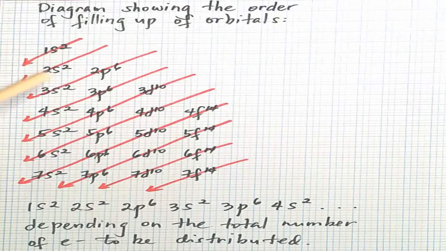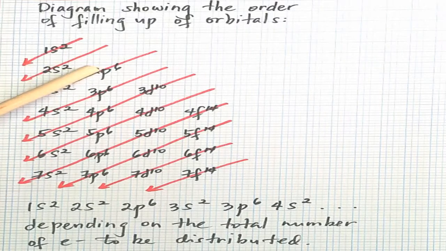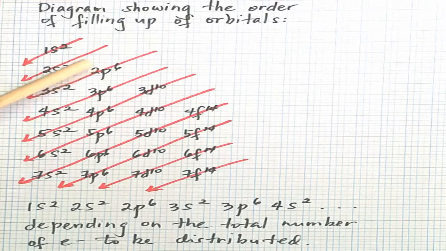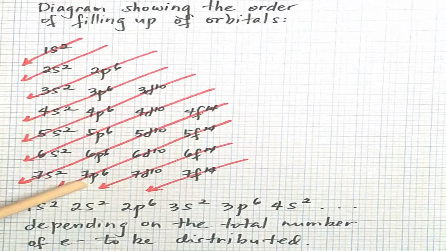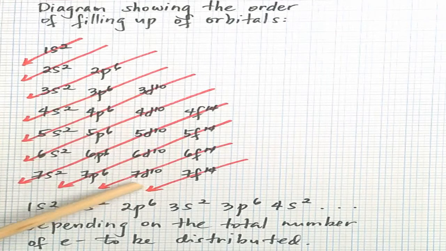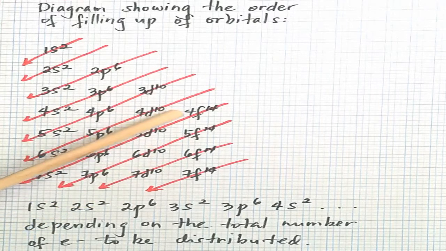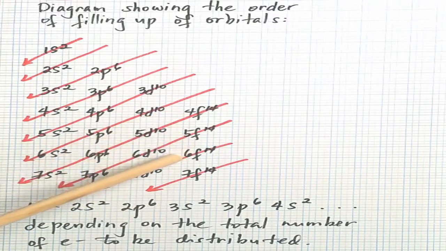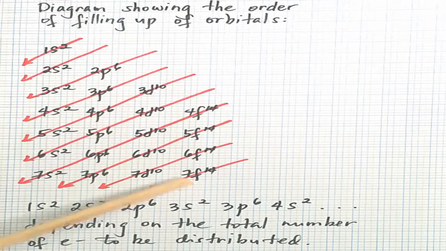Notice that each of the main energy levels will have an s orbital. From the second main energy level onwards, you will have the p orbitals. From the third main energy level onwards, you will have the d orbitals. From the fourth main energy level onwards, you will have the f orbitals.